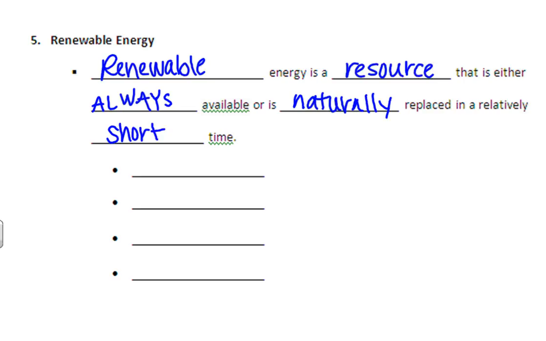So it doesn't take millions and millions of years for these renewable energies to be replenished.